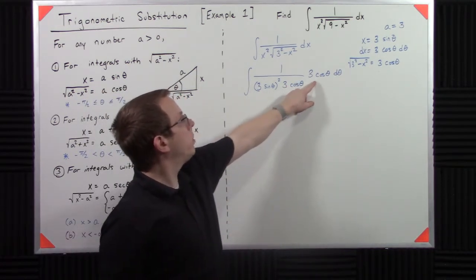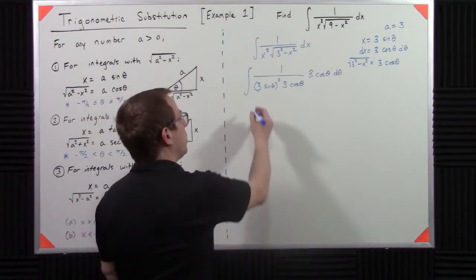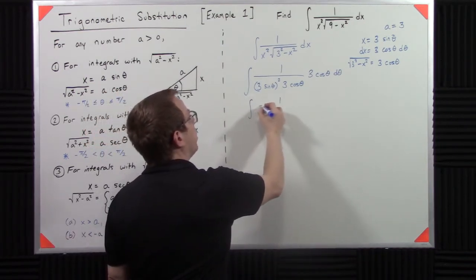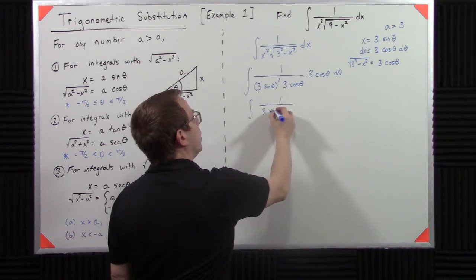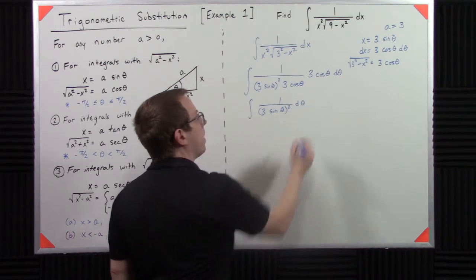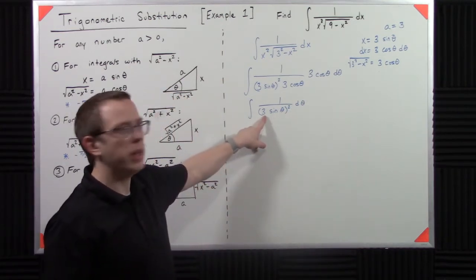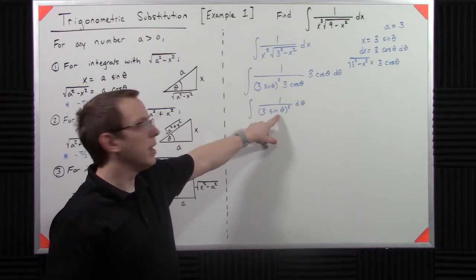But I have a 3 cosine theta on top and a 3 cosine theta on bottom, so that makes my life a little easier. That just gets me 1 over 3 sine theta squared d theta. Now I can square that 3, that gets me a 9 sine squared.